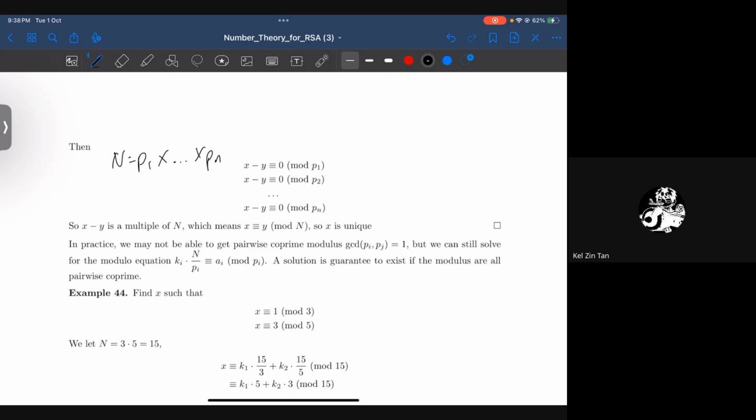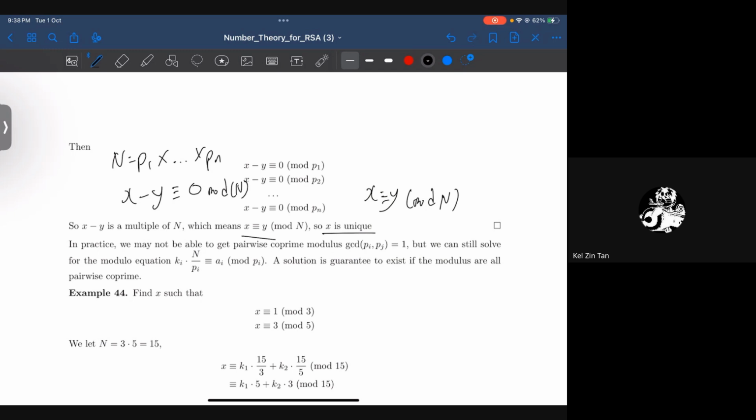So if x minus y is a multiple of n, it means that x minus y is congruent to 0 mod n, which means that x is congruent to y mod n. So x is unique. In the end, we prove that x is equal to y, but in terms of modulo n. So it's unique up to modulo n.